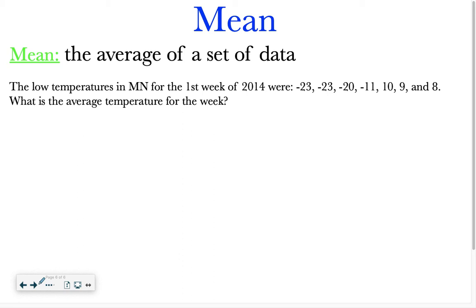Moving on, mean, the average of a set of data. So the low temperatures in Minnesota for the first week of 2014 were -23, -23, -20, -11, 10, 9, and 8. So what is the average temperature for the week? So remember, with averages, this is where you add up all of your numbers.